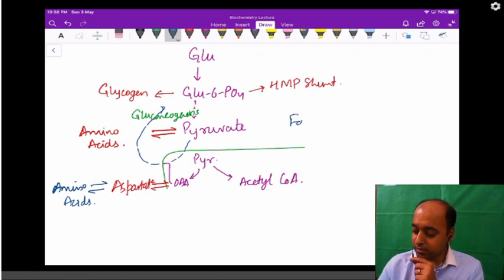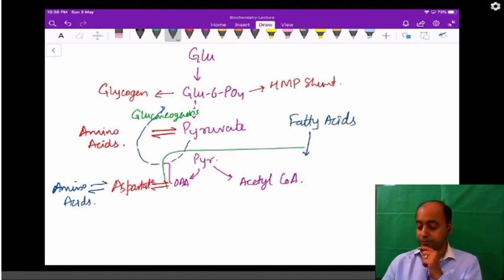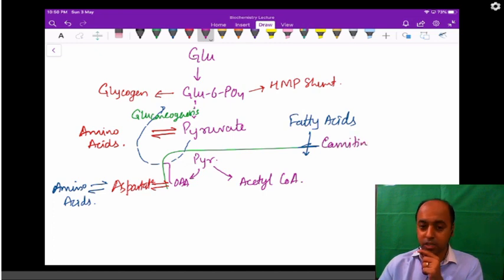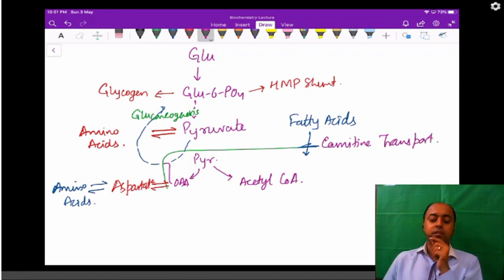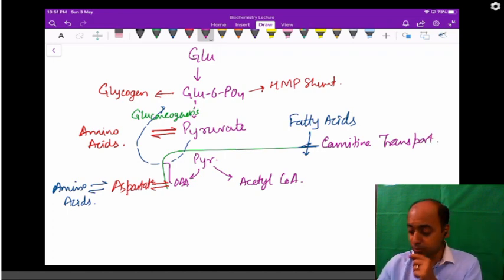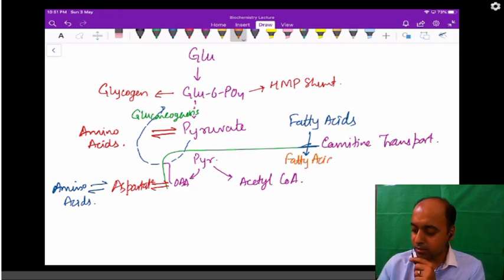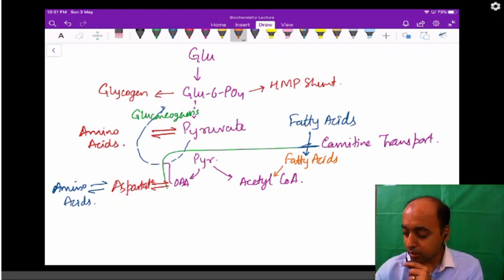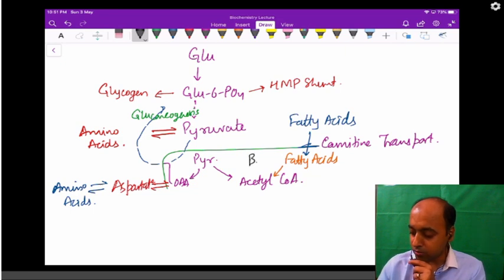The fatty acids will enter the mitochondria by carnitine transport, and here the fatty acids will get converted to acetyl coenzyme A by beta oxidation.